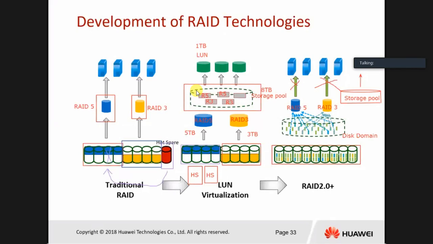So you no need to mention disk number 9 is a hot spare. They do not have a dedicated disk to become a hot spare. All the disks will have a little space to form the hot spare space itself. That's how they form the hot spare in RAID 2.0.